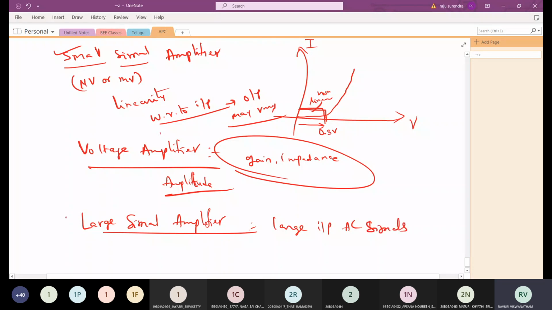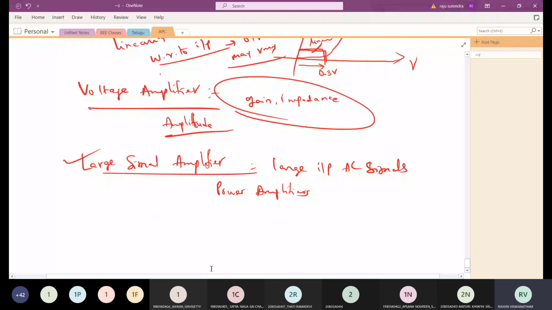That's why they are called large signal amplifiers. An example is power amplifiers. These large signal amplifiers are to provide a large amount of AC power.